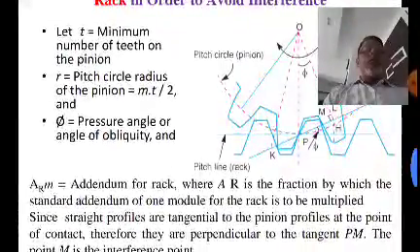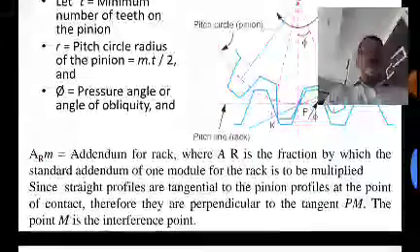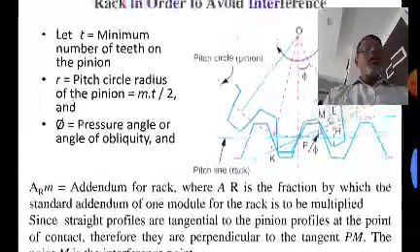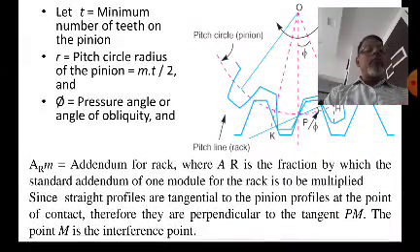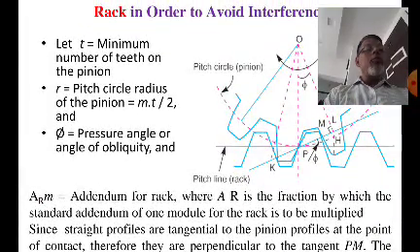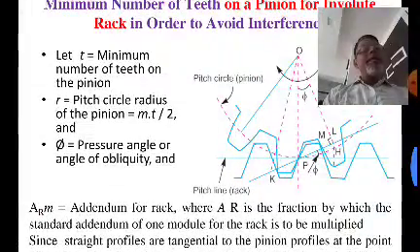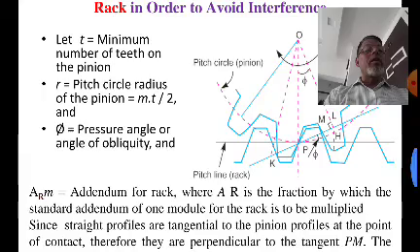Now a suffix r into m is the addendum on the rack, where a suffix r is the fraction by which the standard addendum of one module of the rack is to be multiplied. Now we know that since the rack is straight, the tooth profile is also straight, and whenever this tooth profile of the rack comes in contact with the profile of the teeth of the pinion, it is always tangent at the point, and that tangent is always perpendicular to the common tangent to the base circle, that means MN.